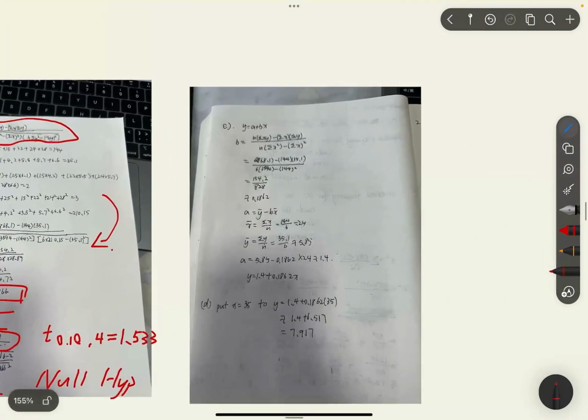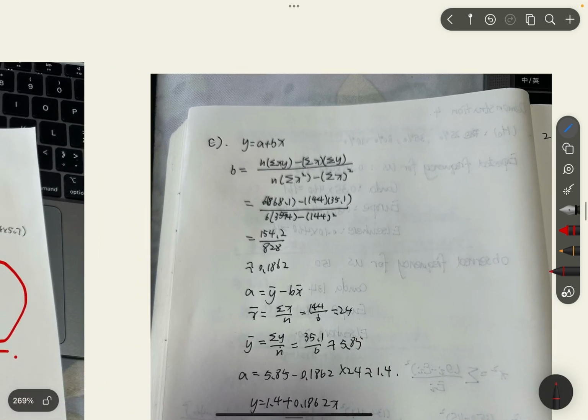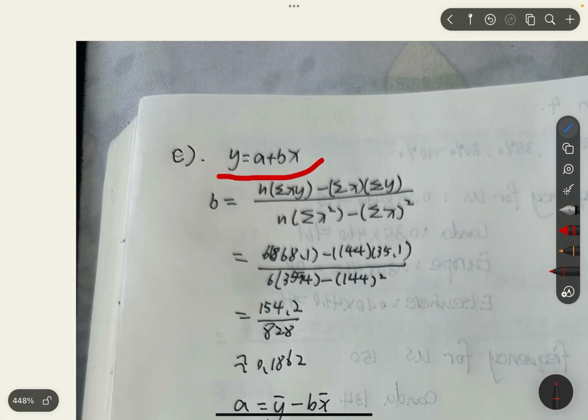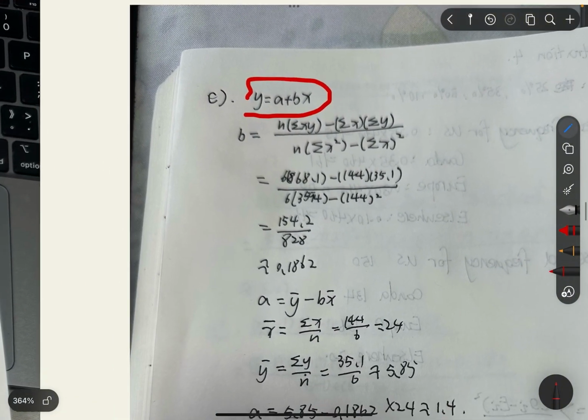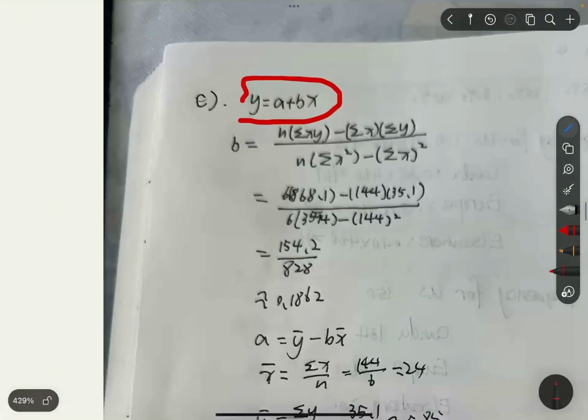Okay, for C, find the regression line. The regression line is given by y is equal to a plus bx, where b is equal to this formula.